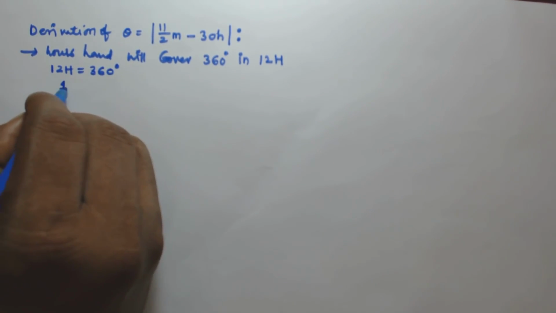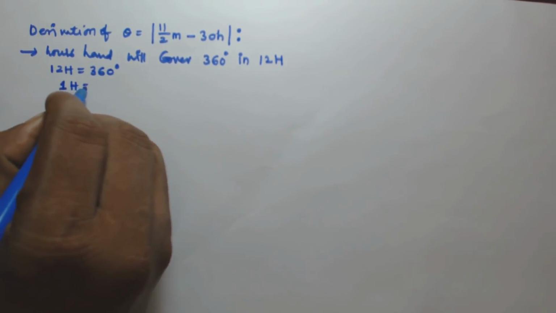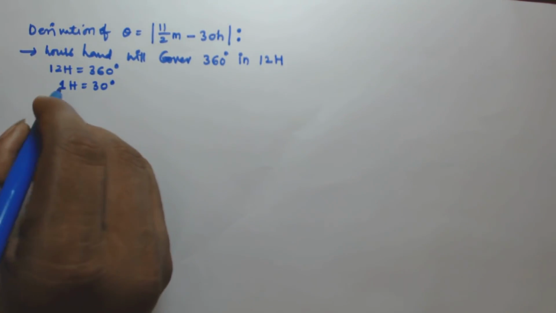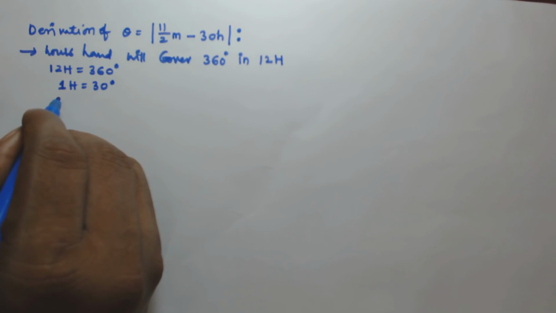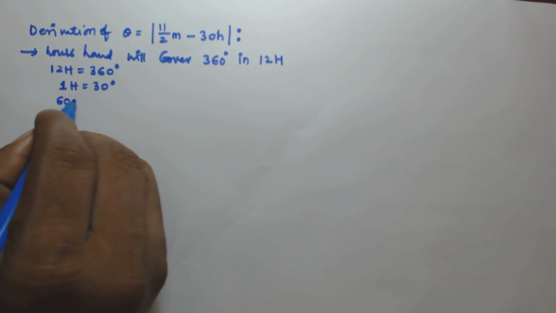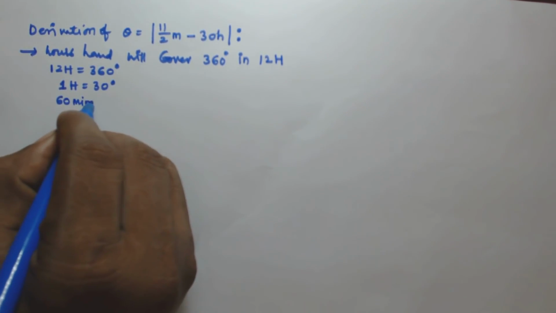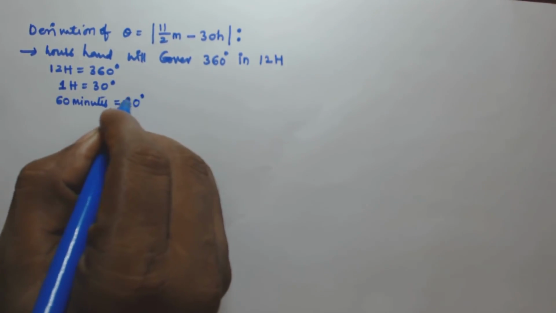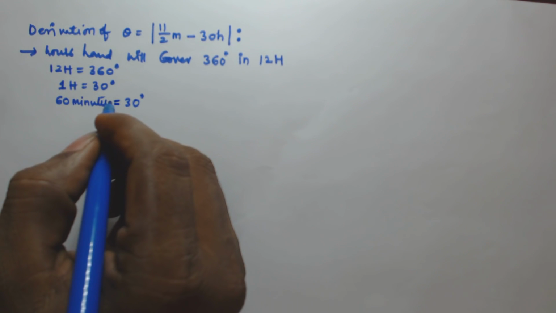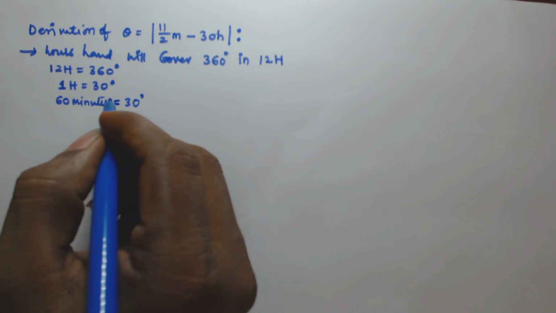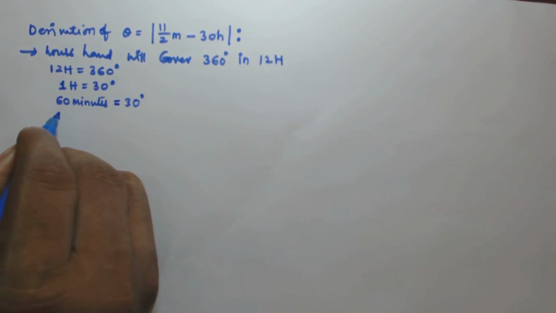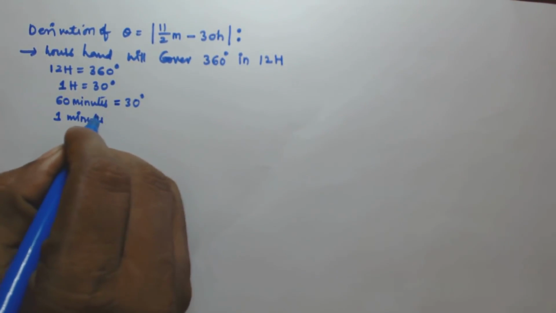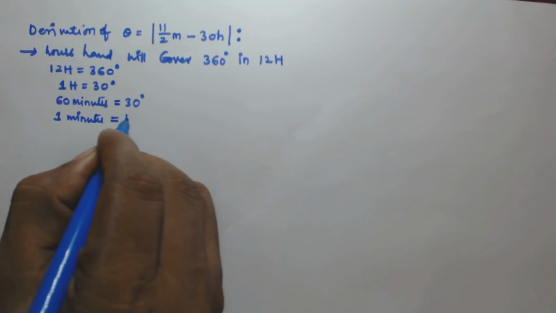Then 1 hour is going to be equal to 30 degrees, right? This 1 hour I can write as 60 minutes. So 60 minutes is equal to 30 degrees. Now if 60 minutes is equal to 30 degrees, then 1 minute is equal to 1 by 2 degree.